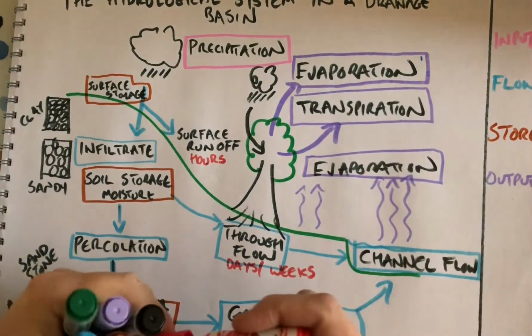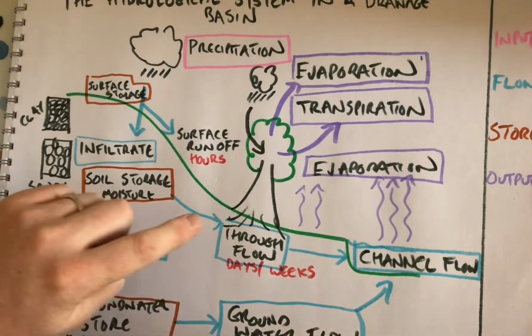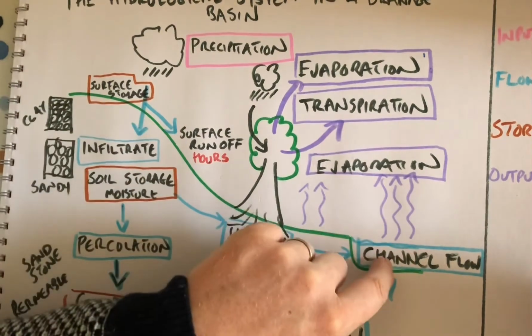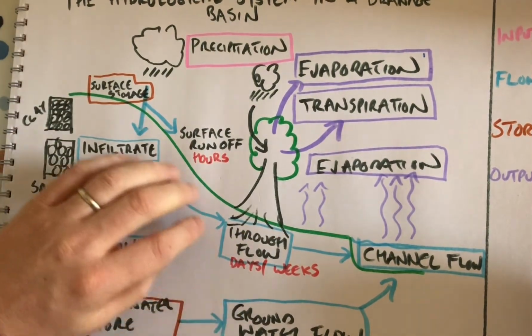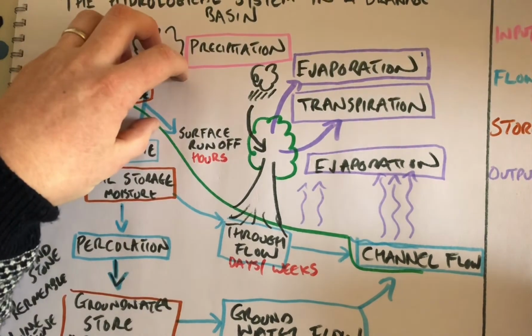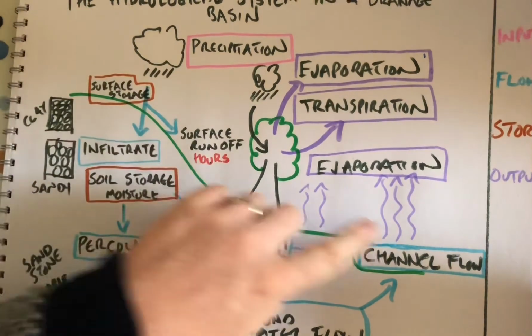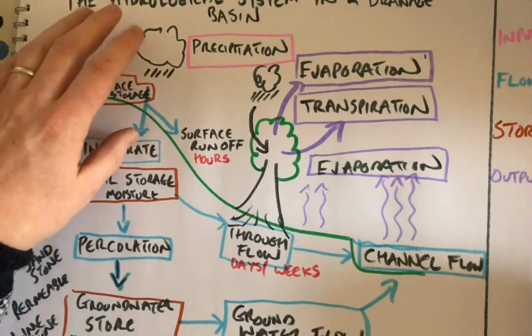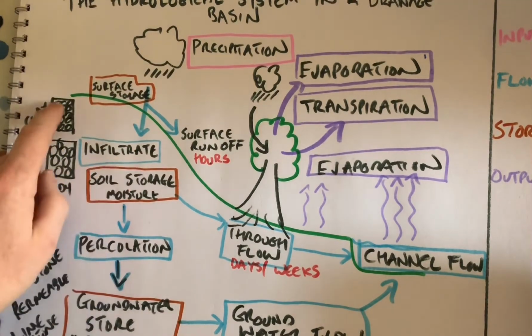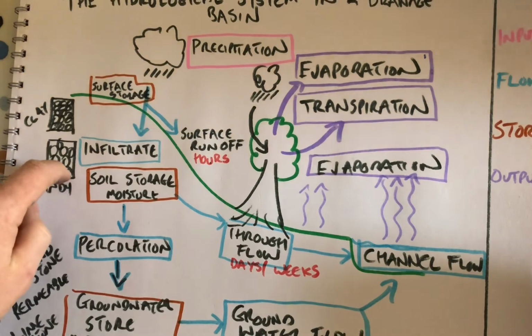So the key idea here is to recognize how water can move in different paths to the river, but also the scale at which things take place. Remember that a flash, intense amount of rainfall will produce a lot of surface runoff, and that water will tumble into the river really quickly. Persistent rainfall will have more of a chance to soak in, and depending on the soil type, that determines how much infiltrates.